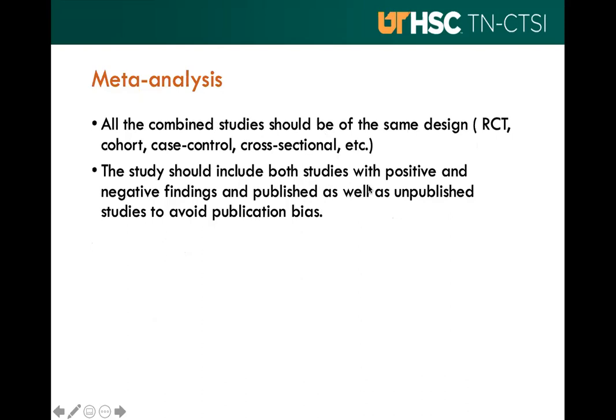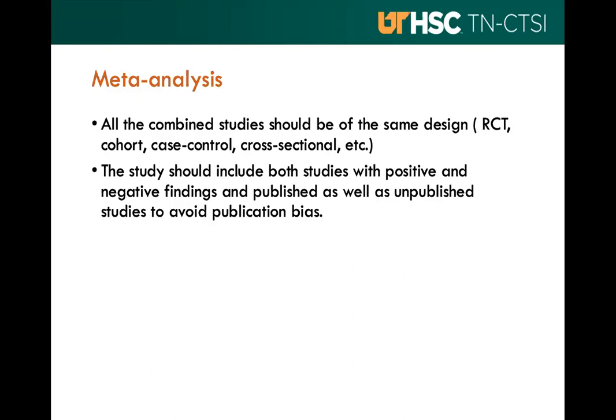The study should include both studies with positive and negative findings, and studies with no associations, and published as well as unpublished studies to avoid publication bias. So publication bias in meta-analysis is that most studies that are published identify either a positive association or a negative association, and based on the hypothesis of authors or journal editors, sometimes they might reject the manuscripts that do not find any significant association.